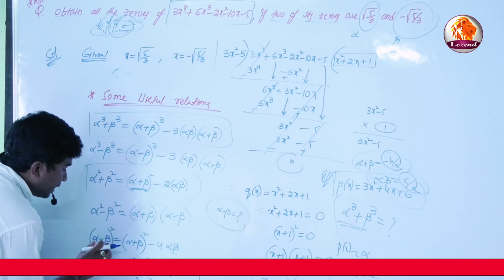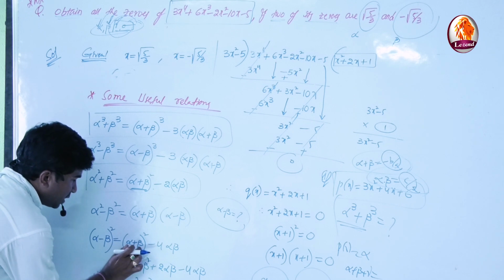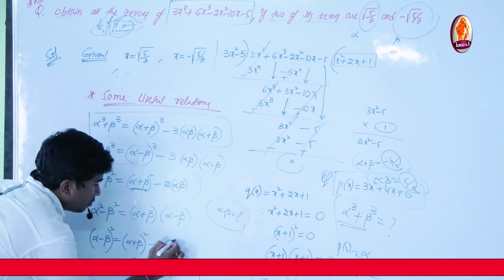So we can write a minus b whole square as alpha plus beta whole square minus 4 into alpha beta.